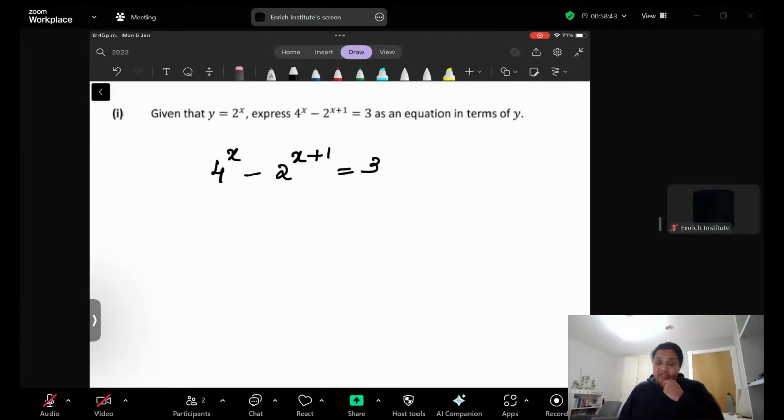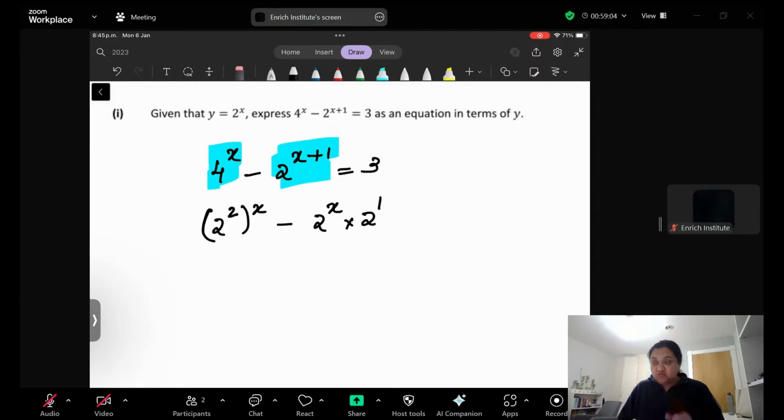Interesting, isn't it? Because here you don't have a 2 to the power of x. But what I will do, I can write 4 as 2 to the power of 2, to the power of x. Yeah. And the next one, 2 to the power of x plus 1, can be written as 2 to the power of x times 2 to the power of 1. That is equal to 3.